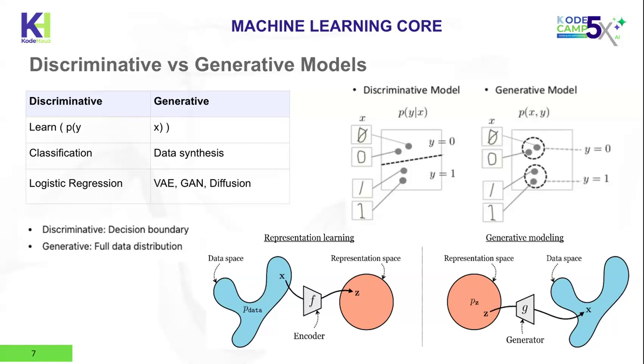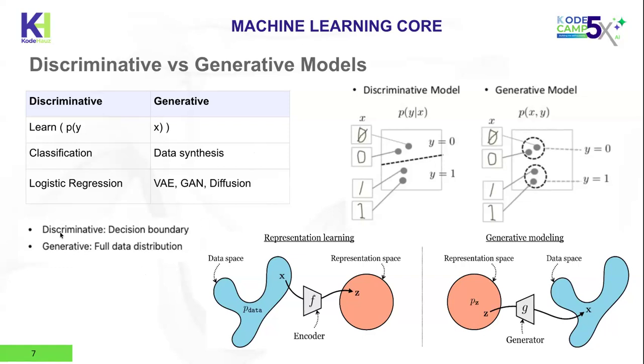Examples of discriminative: logistic regression, linear regression, classifiers, sentiment classifier, anything that is classification or prediction. Regression is discriminative. While for generative, you talk about GANs, variational autoencoders, and then diffusion models. We're going to look at some of these.